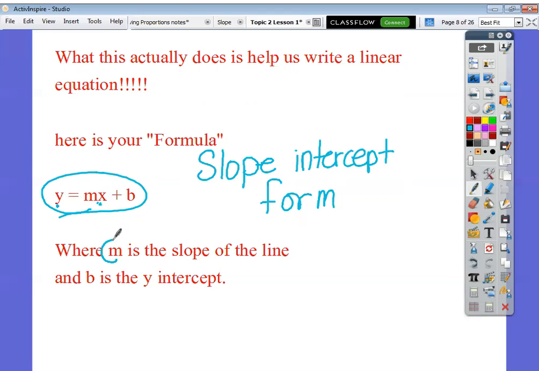Your m will be replaced. So your m right here will be replaced with a value. And that value will be the slope of your line. The b is going to also be replaced, and that is your y-intercept. Okay?